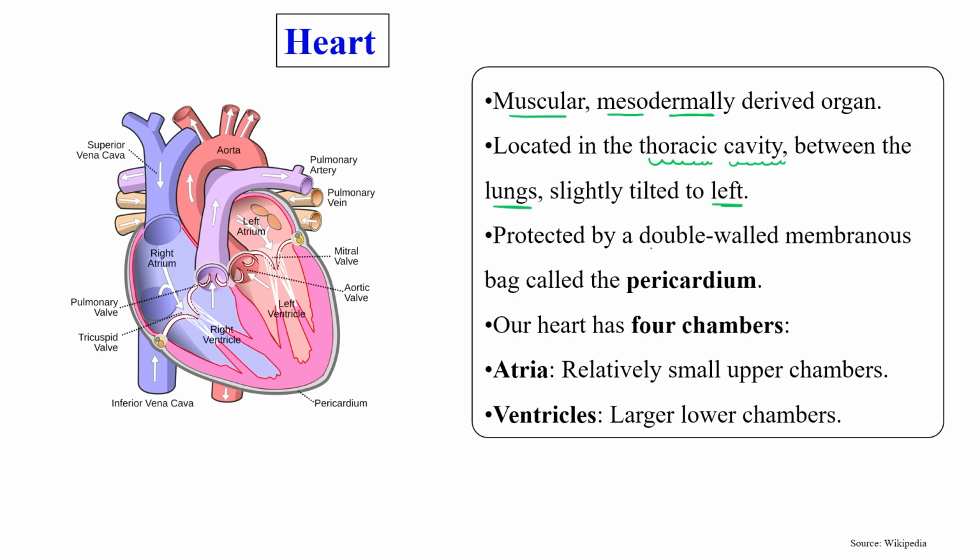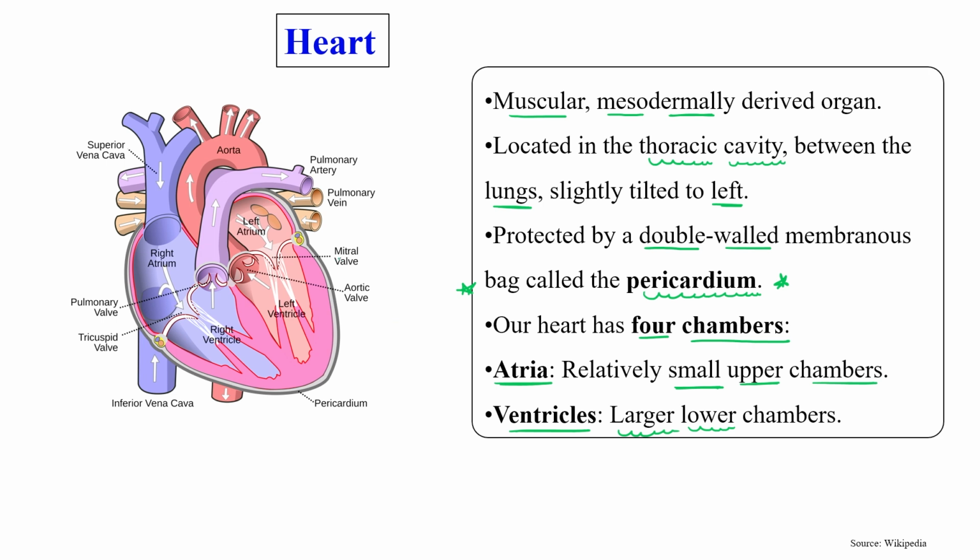Our heart is protected by a double-walled membranous bag which is known as the pericardium. Our heart has 4 chambers: 2 atria and 2 ventricles. Atria are relatively small, and these are the upper chambers of our heart, while ventricles are comparatively larger, and these are the lower chambers of our heart.